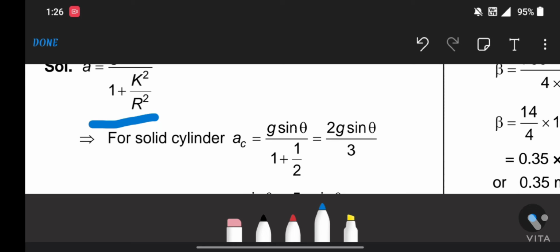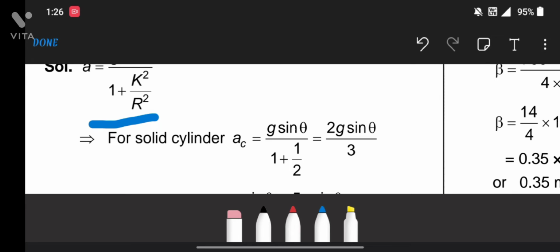a_c is equal to g sin theta. We will take 2 upside, so 2 will go up. So 2 plus 1, that is 3. Three by 2 we will get, right?